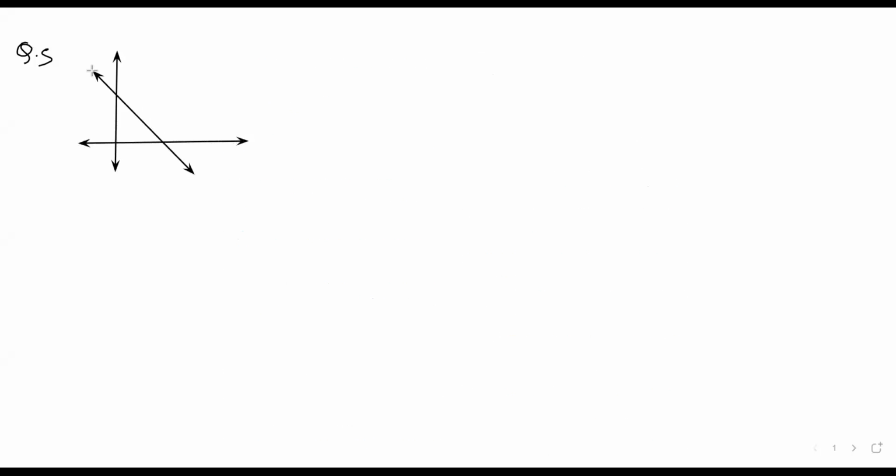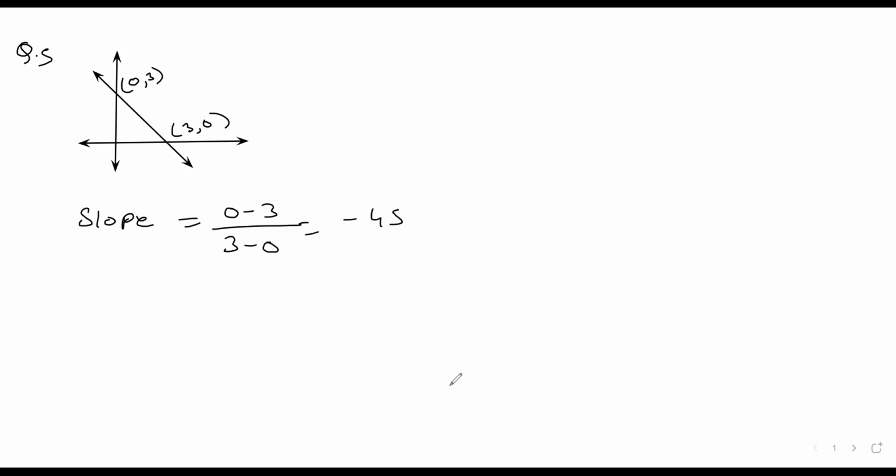So this is the line actually. This is (0, 3). This is (3, 0). We have to find the inclination. Let us first find the slope. Slope will be 0 minus 3 upon 3 minus 0, that is minus 1. Sorry, minus 1.